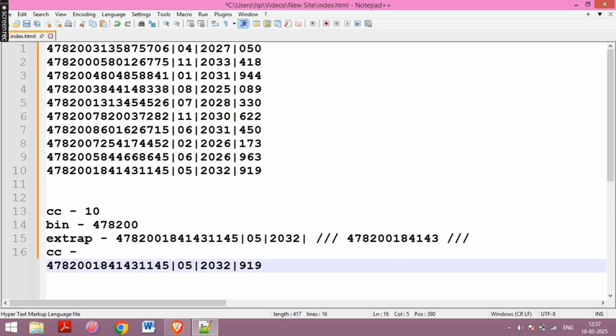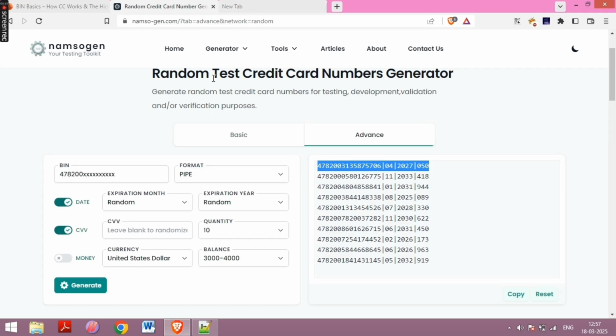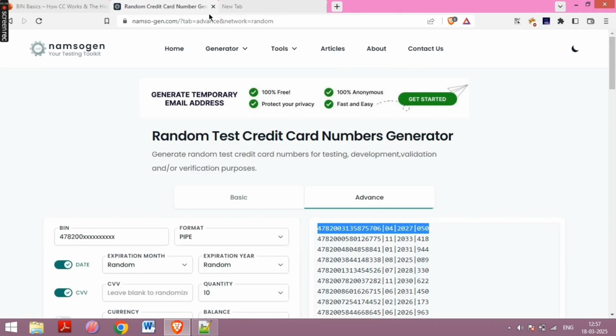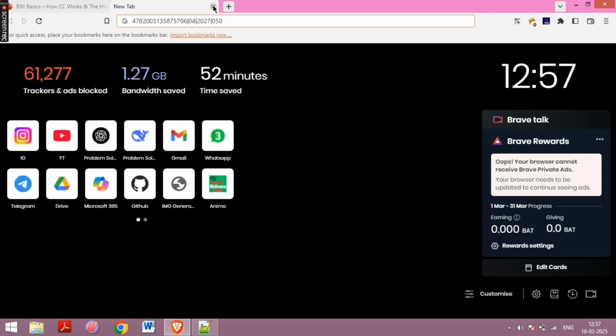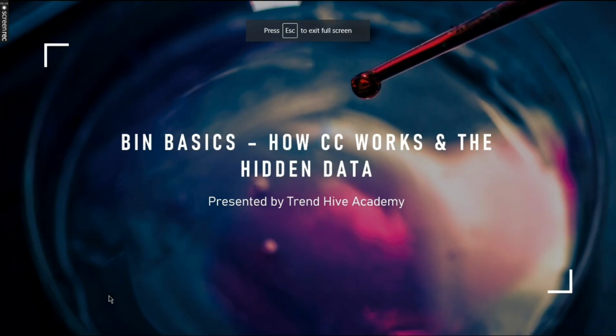You can see the whole data with CVV is called CC. I hope you understood it also. You can use numsogen for generating fake CCs. So this is the bank identification number. Let's move ahead.